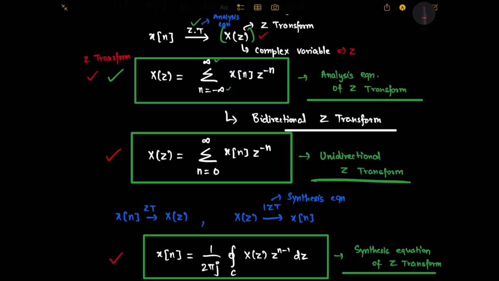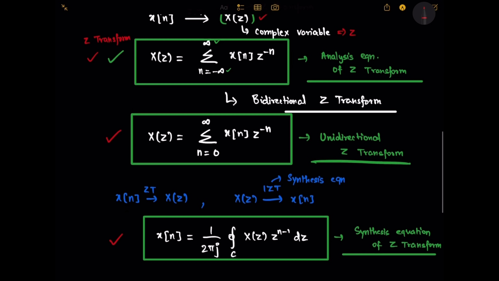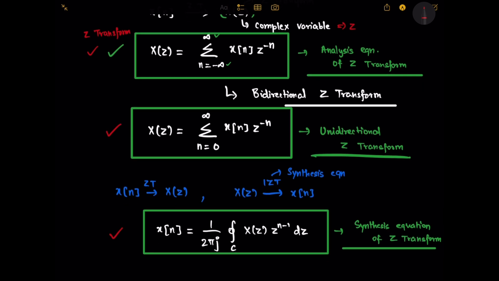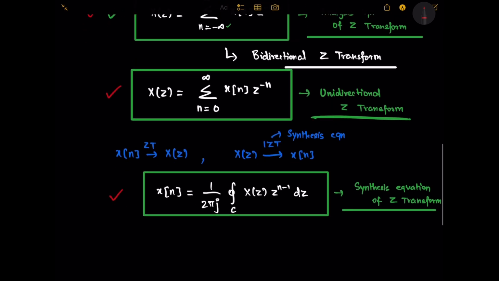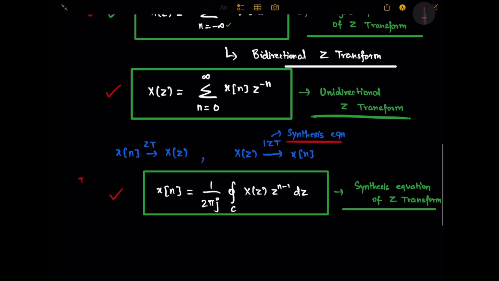If we use minus infinity to infinity, it's called the bidirectional Z transform, or else 0 to infinity is called the unidirectional Z transform. A transform is reversible, so if we can convert x of n to X of z, we should also be able to convert X of z to x of n, and that is governed by the synthesis equation, or the inverse Z transform.